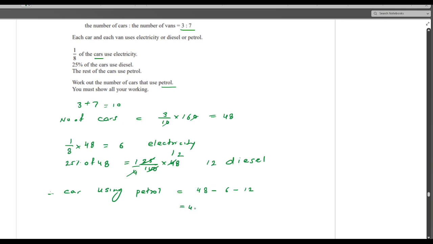So it is 48 minus 6 minus 12. So it's 18. 48 minus 18 is 30. So the number of cars using petrol is 30.